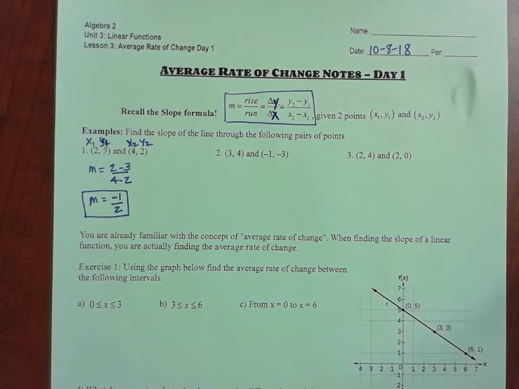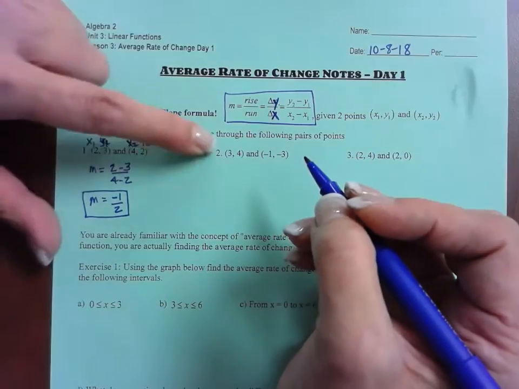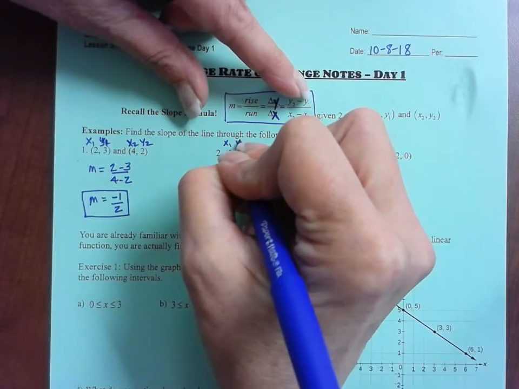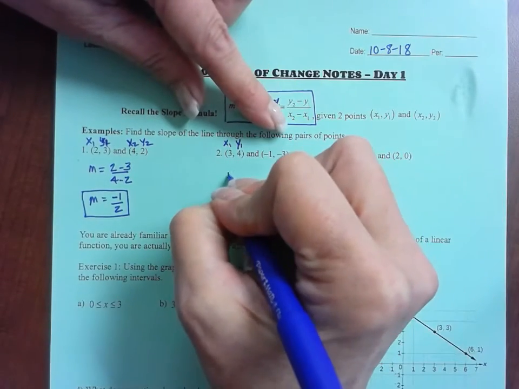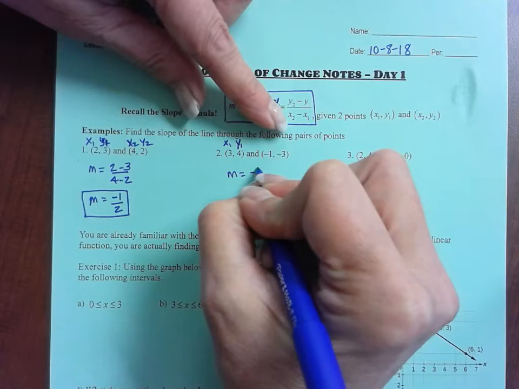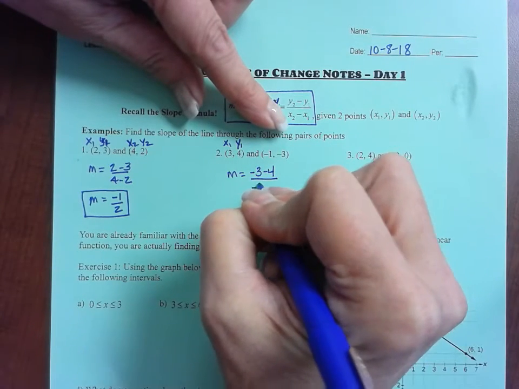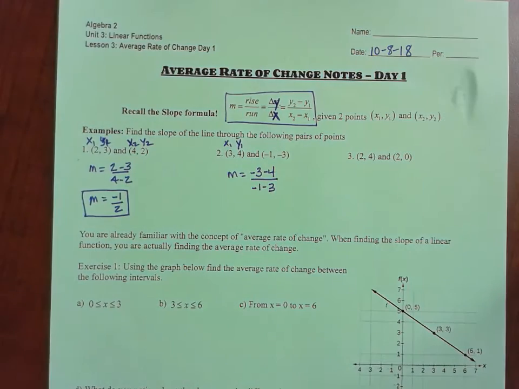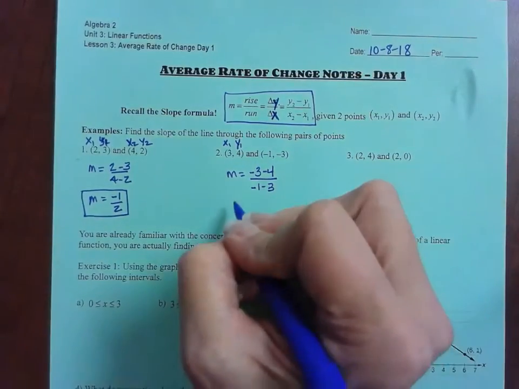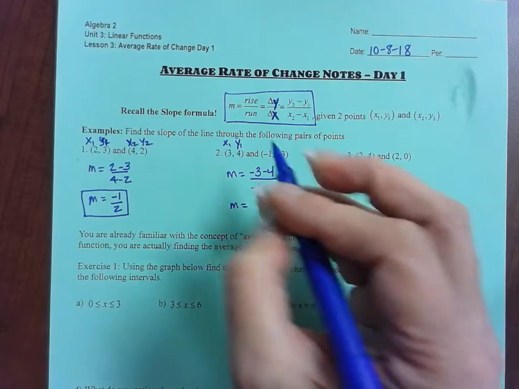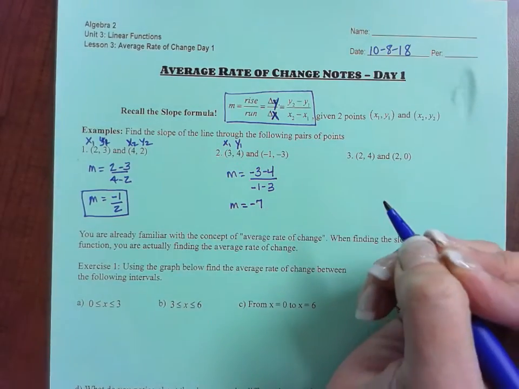Okay, still good with those? Remember that? Let's check another one. We'll do the same thing with the x1, y1. So I would have negative 3 minus 4 over negative 1 minus 3. Did I set that up right? Yes? All right, so then negative 3 minus 4 gives me a negative 7.